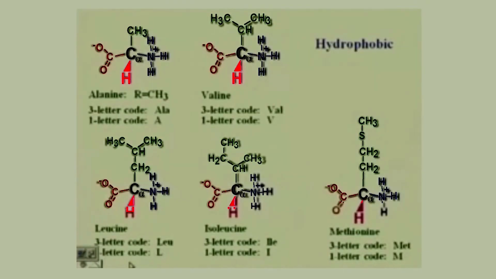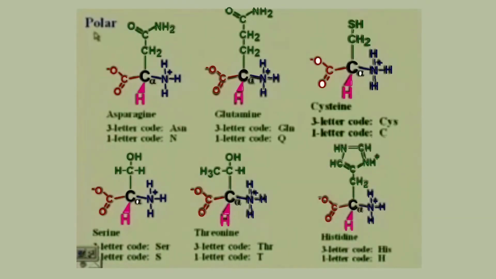The next group that we will be considering are the polar amino acids. Now, what we mean by polar amino acids are those that have an oxygen or a nitrogen atom in their side chain, and by virtue of having this oxygen and nitrogen in the side chain, these heteroatoms, they can participate in polar interactions, not only amongst themselves, but also with the solvent molecules.